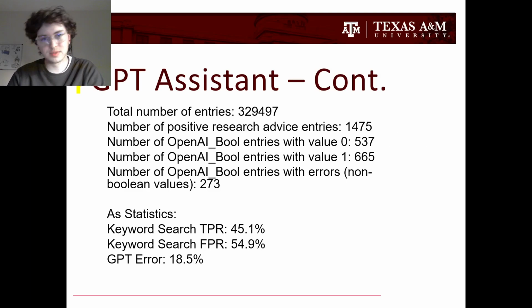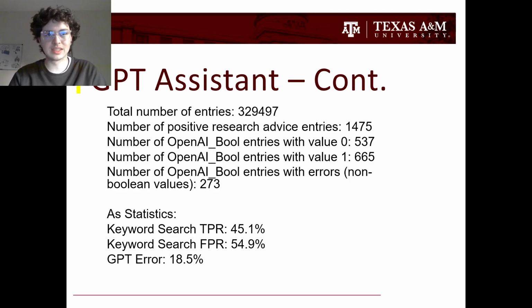So the statistics, once we parsed it in: the total number of entries is 300K lines of text, but only roughly 1,500 of those actually were positive for research advice from the keywords. Once we parse it into OpenAI, only 665 of those truly had that. From what we can tell, there were 273 of those that had errors.